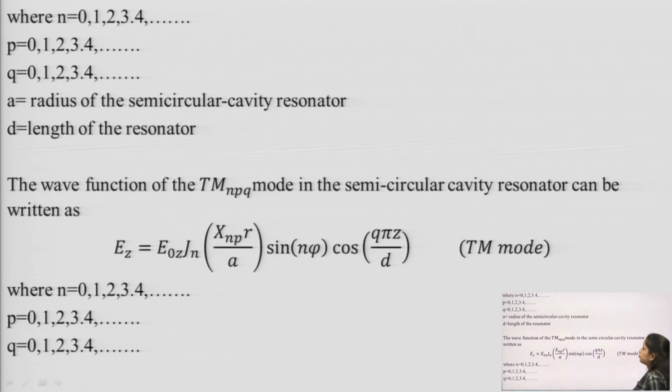For the wave function of the TM pq mode, Ez = E0 Jn(xnp r/a) sin nφ cos(qπz/d).